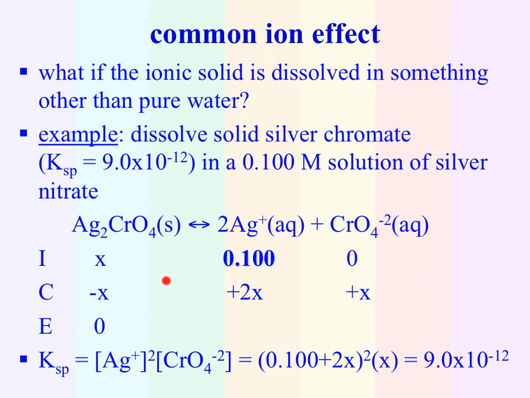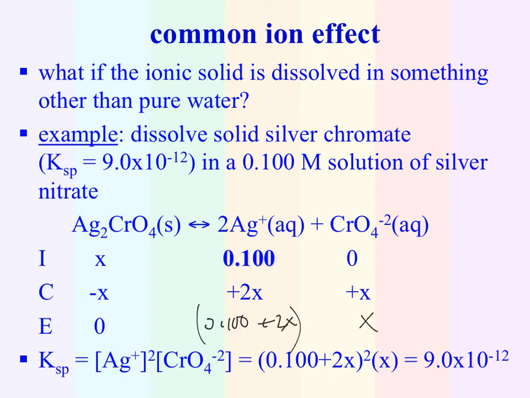Our change values are going to correspond to our coefficients, and we end up with a value of 0 at equilibrium for our silver chromate because we're assuming that it ionizes completely. Our equilibrium concentration of silver ion is going to be 0.100 plus 2x, and our chromate ion value is going to just be x.